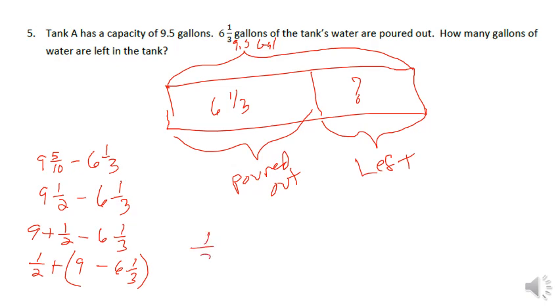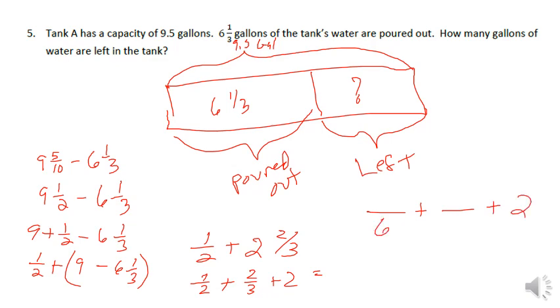So now I've got 1/2 plus 2 2/3. So now I got 1/2 plus 2/3 plus 2. Now, I can tell my common denominator is going to be 6 on these because it's such a low number. So let's go ahead and put the 6's in.